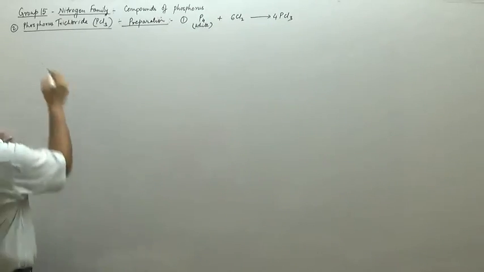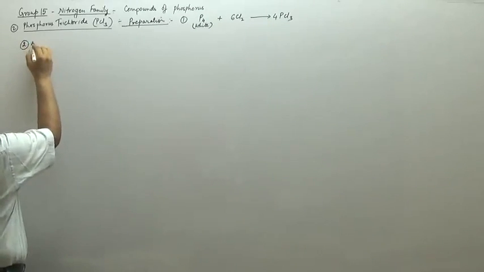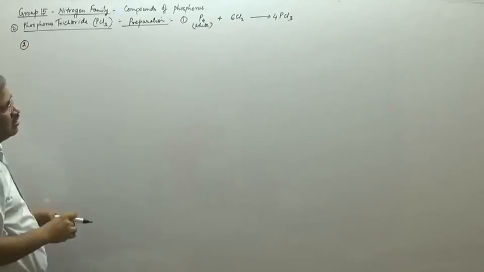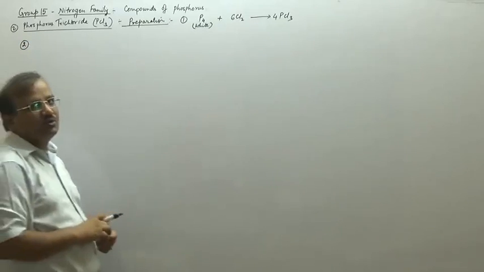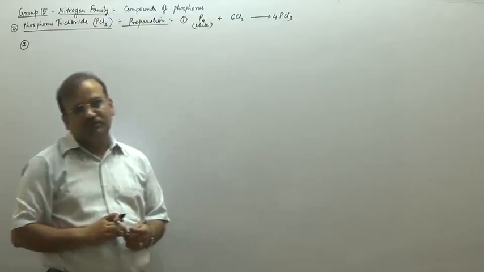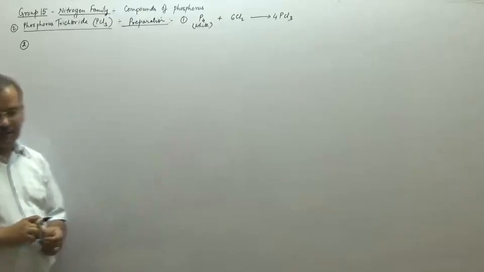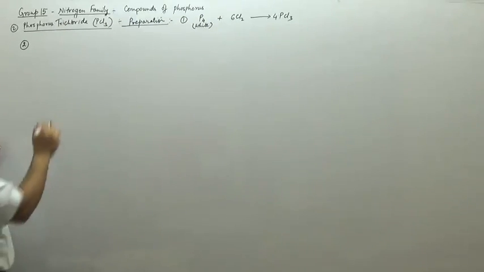Another preparation method is the reaction of sulfuryl chloride, SOCl2, with white phosphorus. So we'll write how the reaction goes.